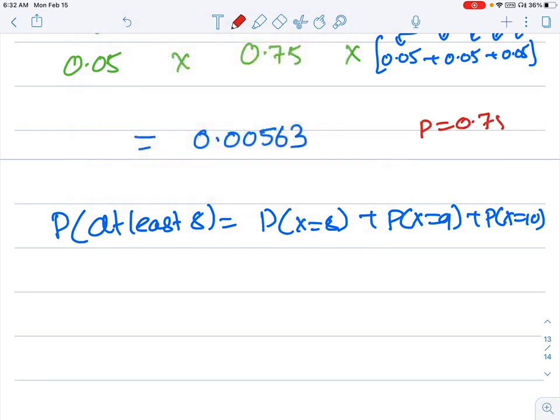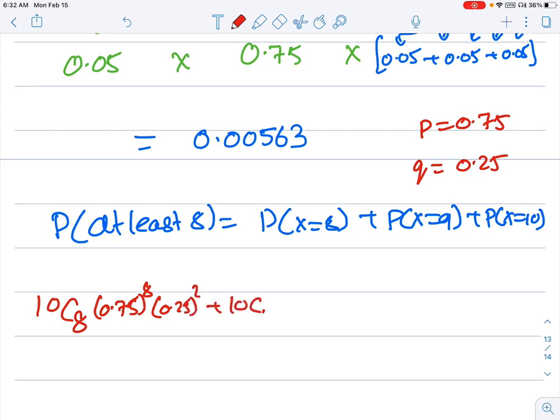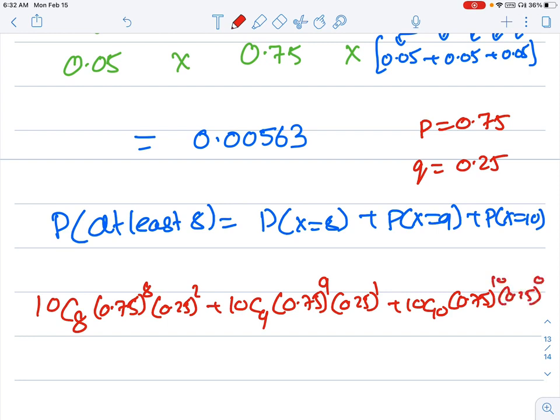So success is 0.75, failure will be 0.25, 1 minus 0.75. So out of 10 times, 8 times success, 2 times failure; 9 times success, 1 time failure; 10 times success, 0 times failure. Simplify this, 0.526.